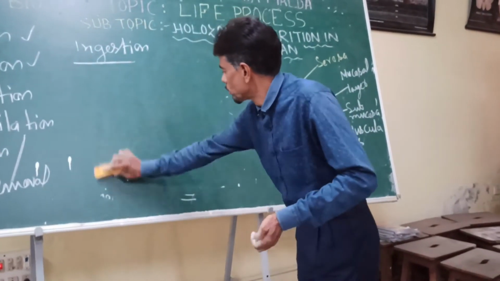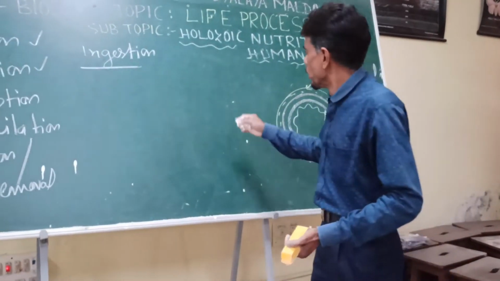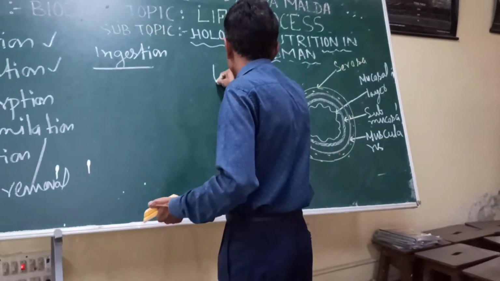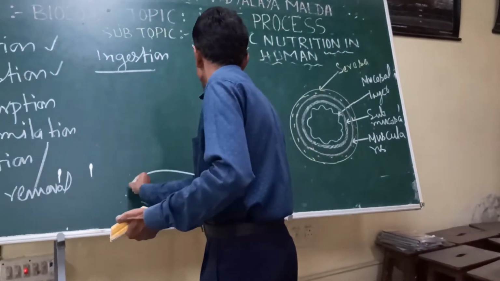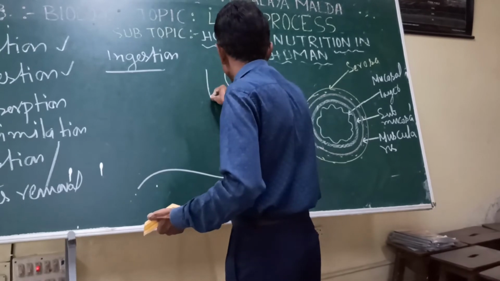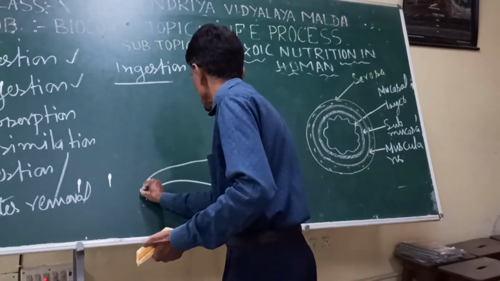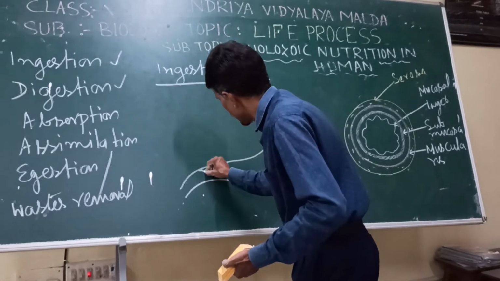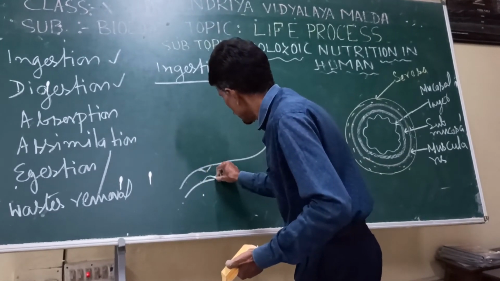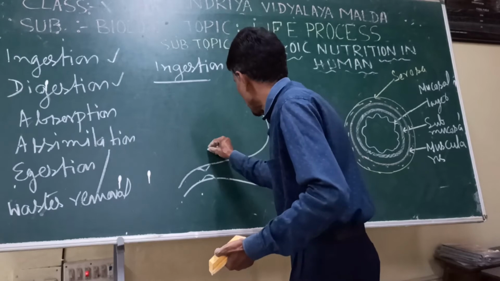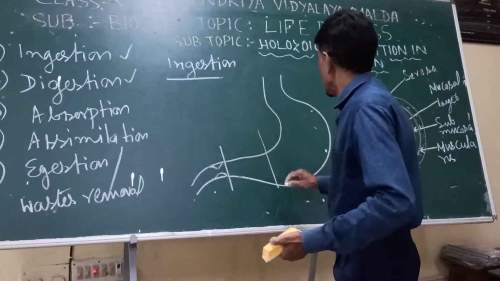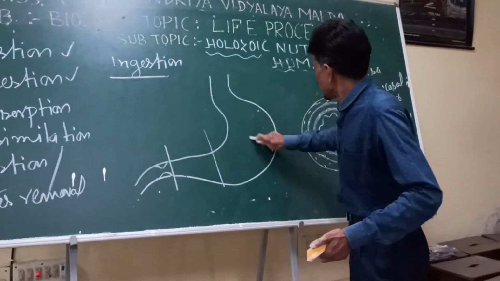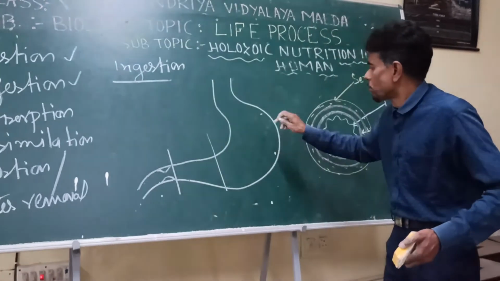Let me draw the diagram of the stomach again, the bag-like structure. This is the pyloric part of the stomach. This one is the main fundus.